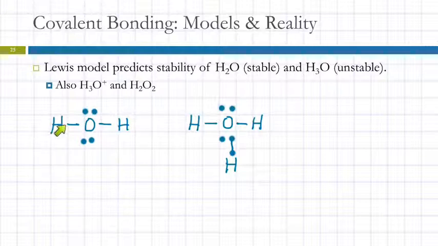This is good. Oxygen has 8 electrons. Hydrogen is easy to please, happy with a single bond. That's all it needs, just one bond, it's good. Well, what about H3O+? That's the hydronium ion. How could we make this guy that's unstable into hydronium ion? Lose an electron, right?